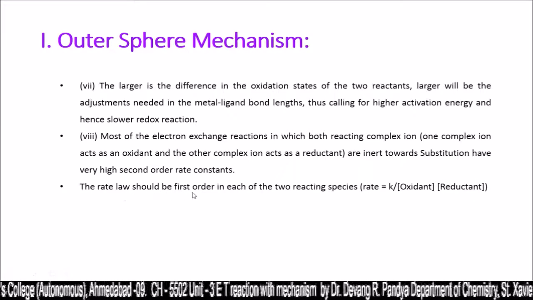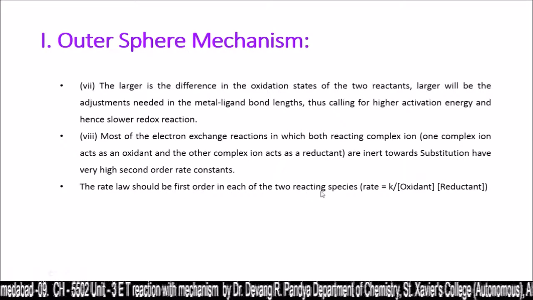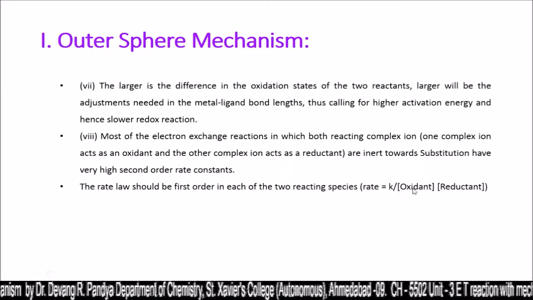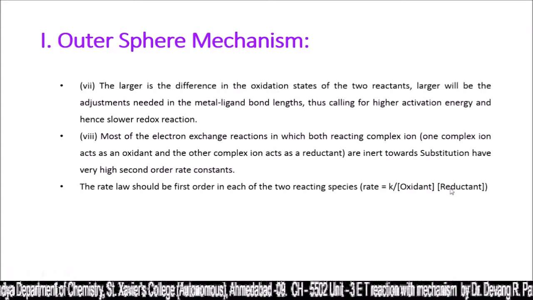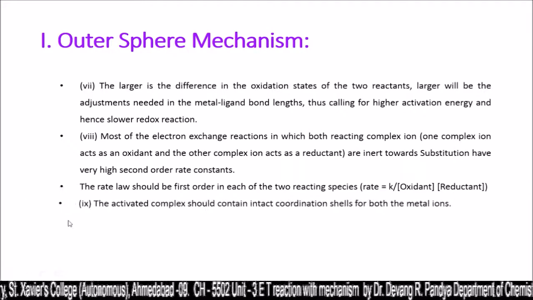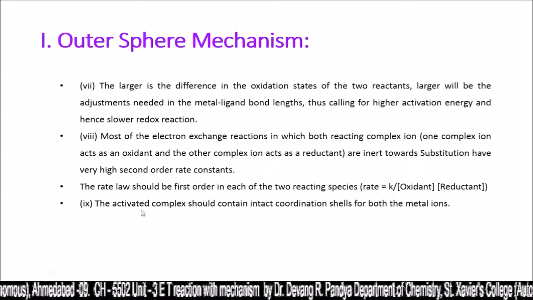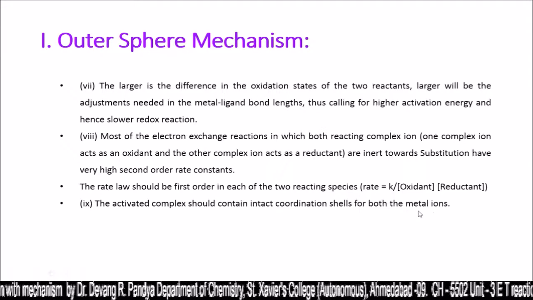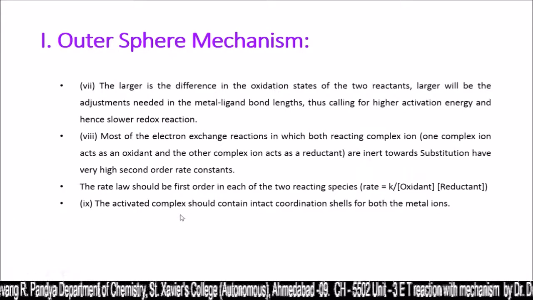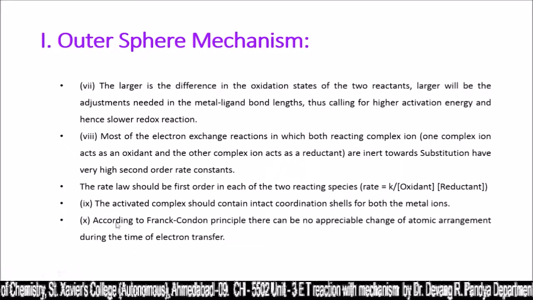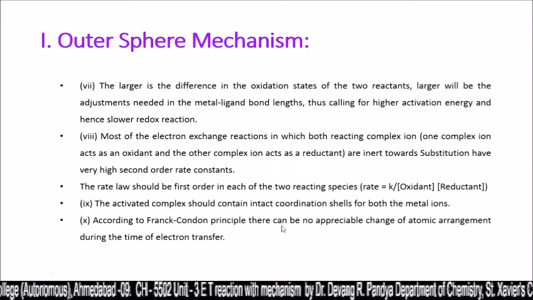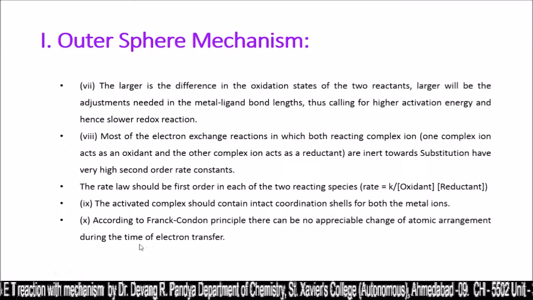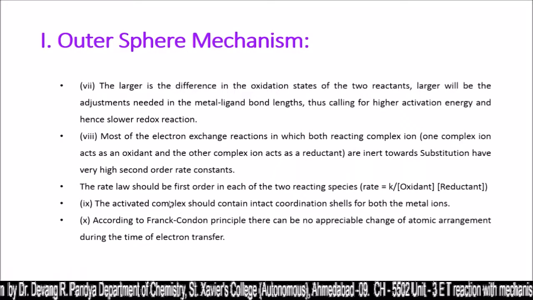The rate law should be first order in each of the two reacting species, that is, rate is equal to k times concentration of oxidant times concentration of reductant. Ninth point, the activated complex should contain intact coordination shells for both the metal ions. There is no change in the outer sphere. And tenth, according to the Franck-Condon principle, there can be no appreciable change of atomic arrangement during the time of electron transfer.